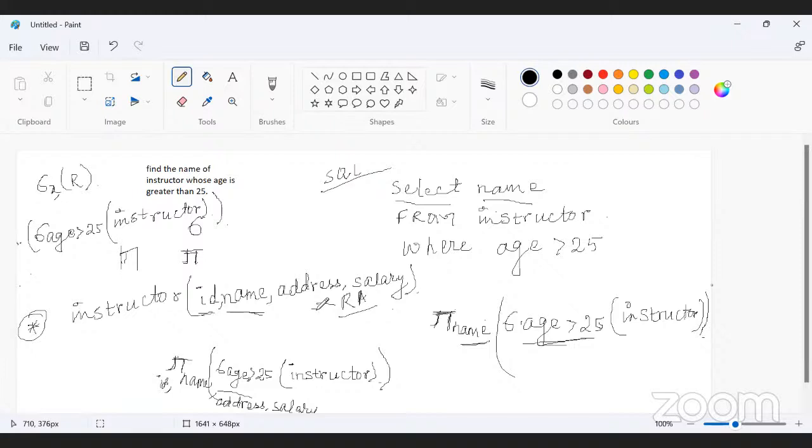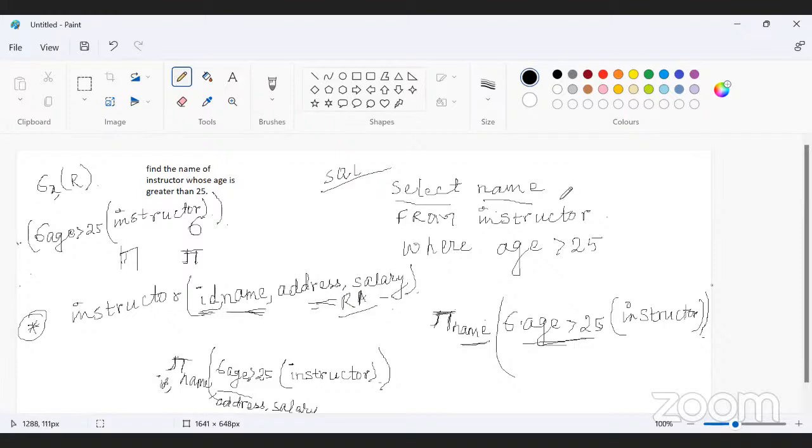Select ID, name, address, salary from instructor where age is greater than 25. All the details means ID, name, address, and salary.